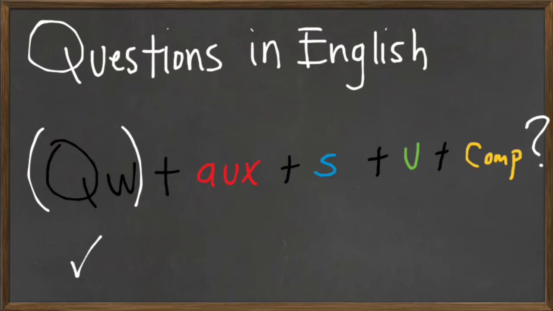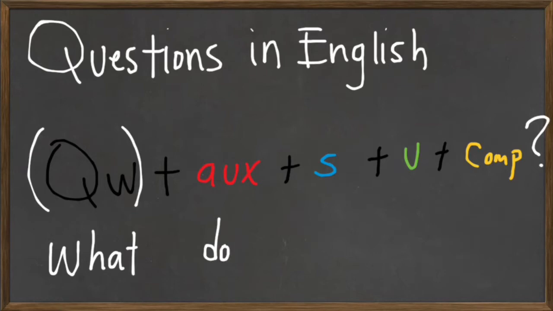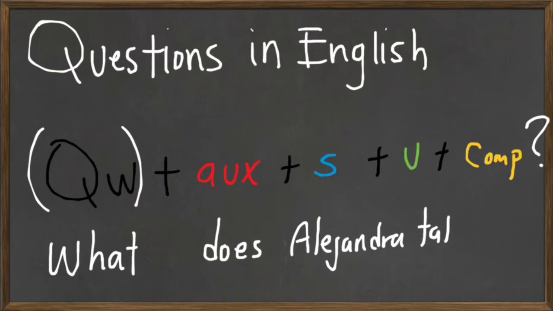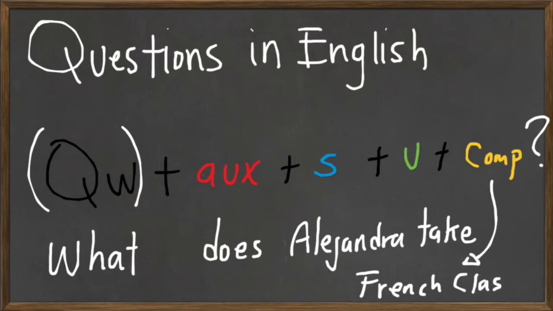That formula is a question word, for example, what, an auxiliary, for example, does, a subject, for example, Alejandra, a verb, we can say take, and the complement, which can be, let's see, French class. And well, don't forget the question mark.